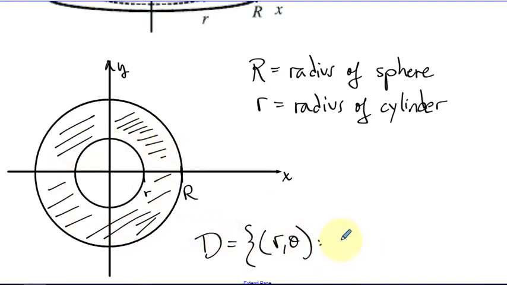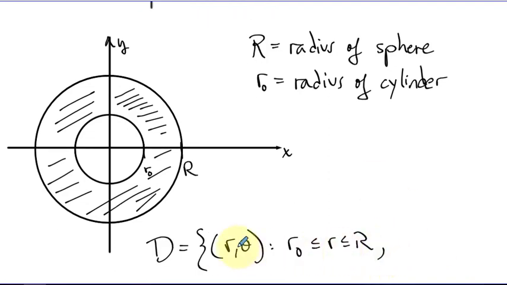If I want to use R as a variable, I'm going to use little r, let's say R0, as the radius of the cylinder, and then I can use R as a variable that goes from R0 to big R. So these R's begin at R0 and go all the way up to capital R.